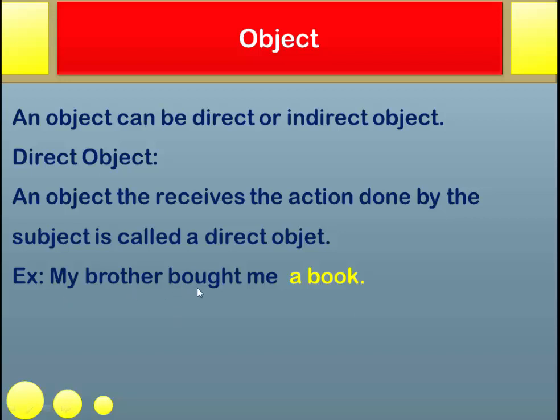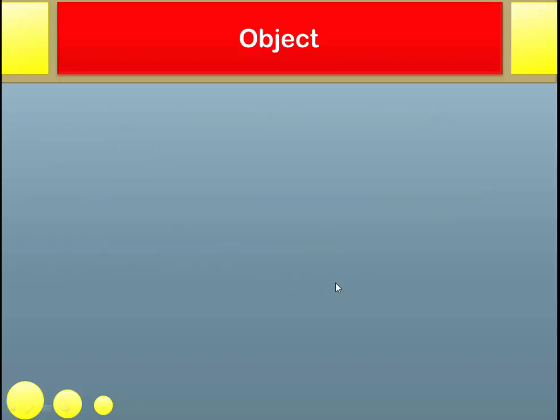My brother bought me a book. So who is receiving the action here? The book, because the action is done on the book. The book is bought. So this book is receiving the action. So it's called direct object.